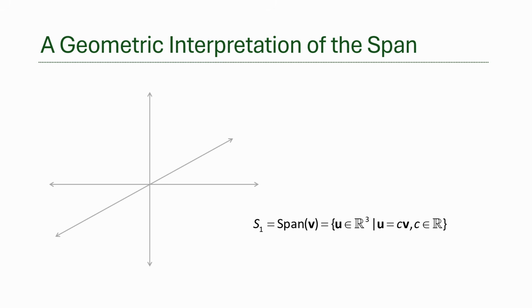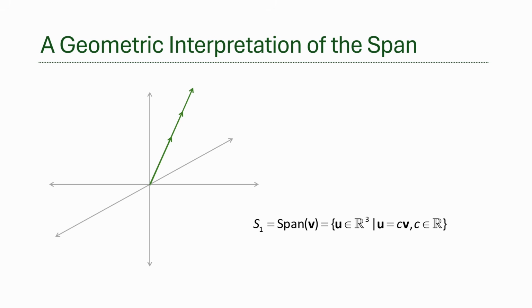So just for an example, let's say we have a single vector in R3, three-dimensional space, and I want to talk about what the span of this vector looks like. Well, let's say the original vector looks like this one here, and to get the span, what am I going to do? Well, there's only the one vector, so all I'm going to do is multiply it by scalars, right? So if I multiply it by positive numbers, I get these bigger vectors going in the same direction.